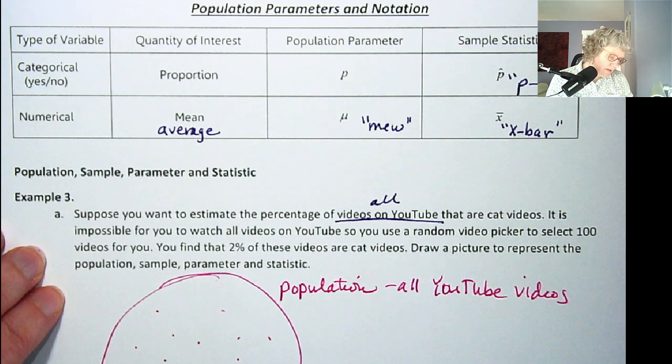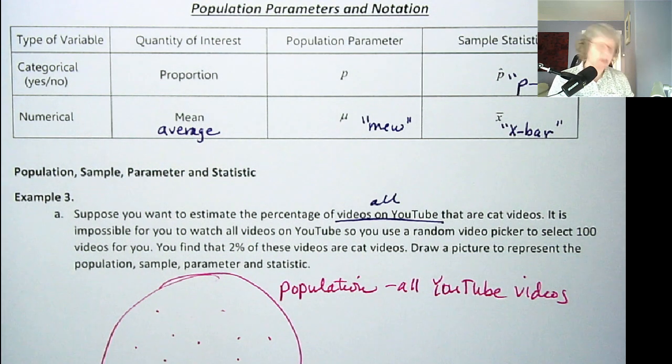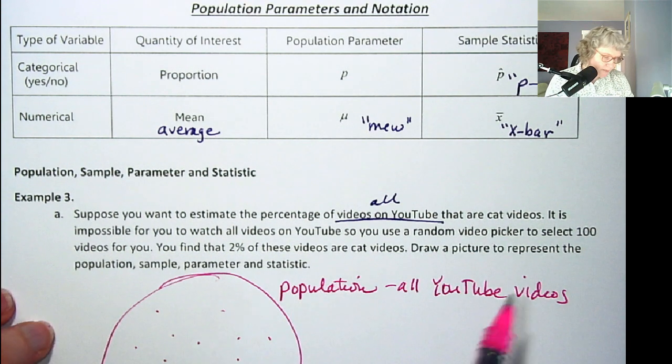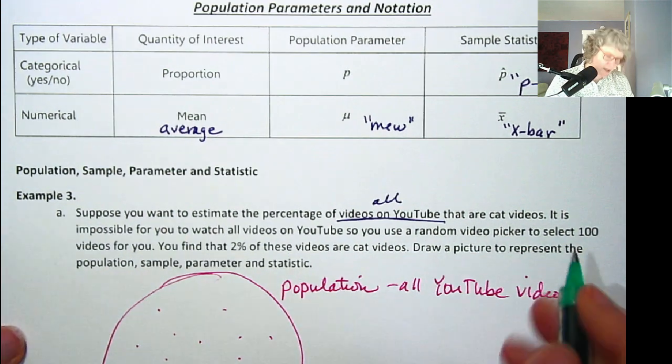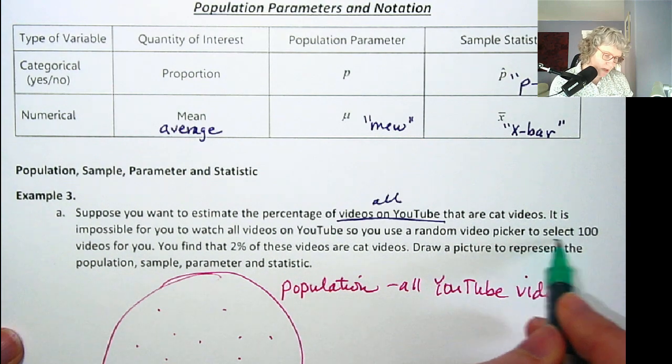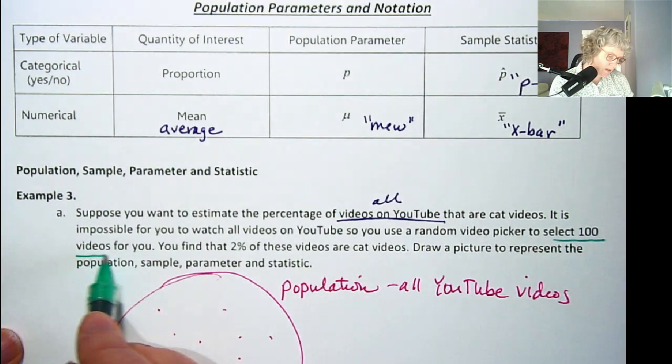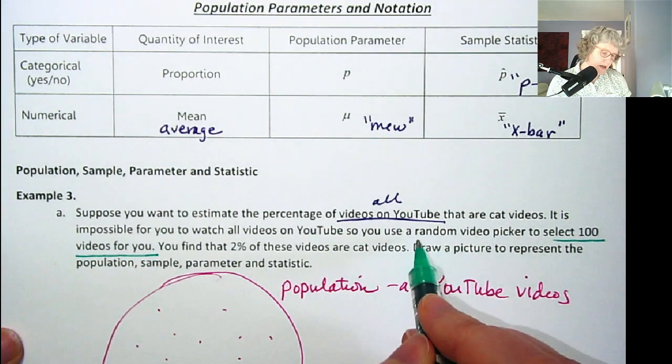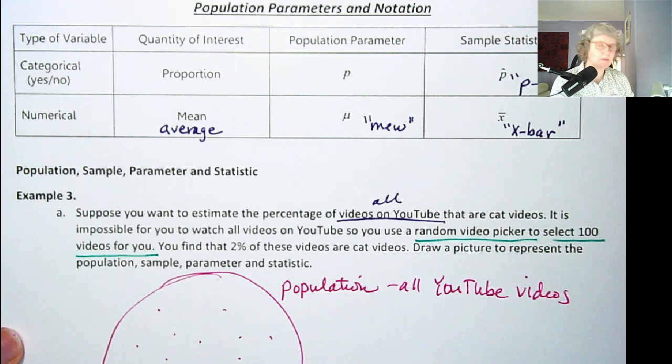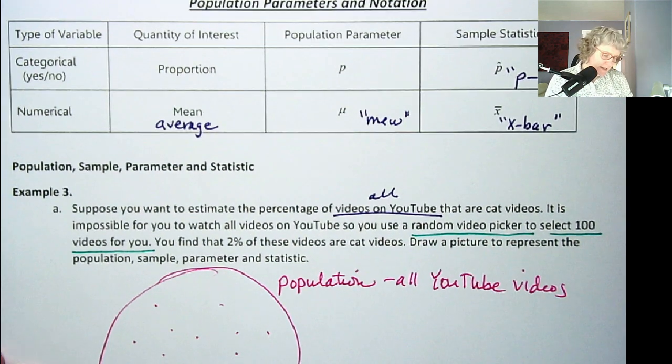Okay, let's go to sample next. So sample is a subset. It's a group that we study because we can't ask every single person or we can't watch every single video. So we've got a random picker to select 100 videos, and we'll talk about how to select things.